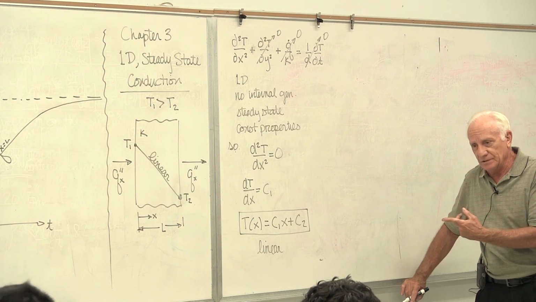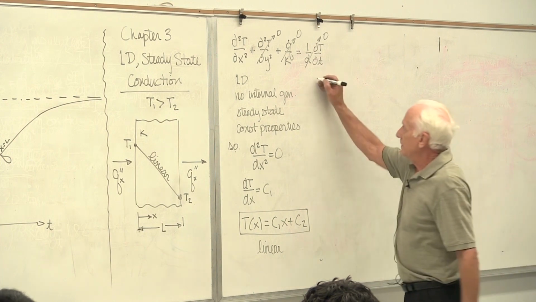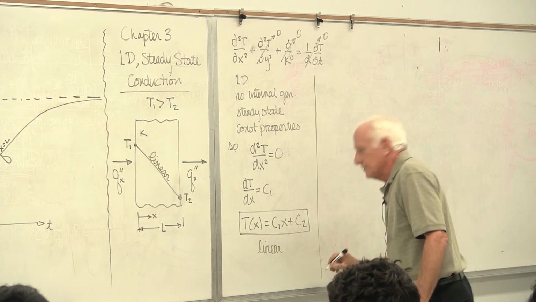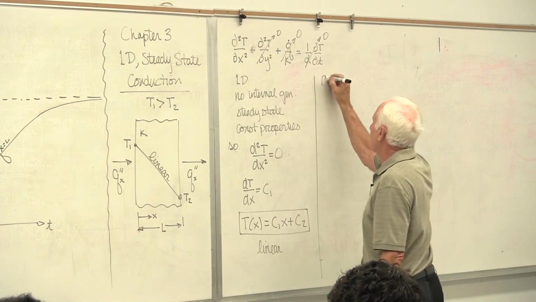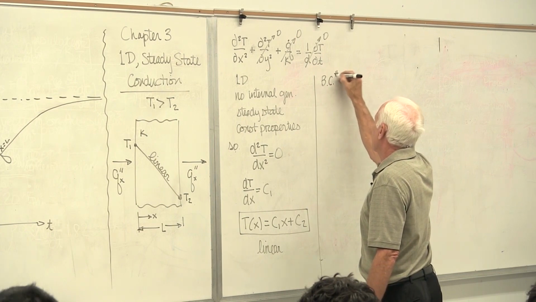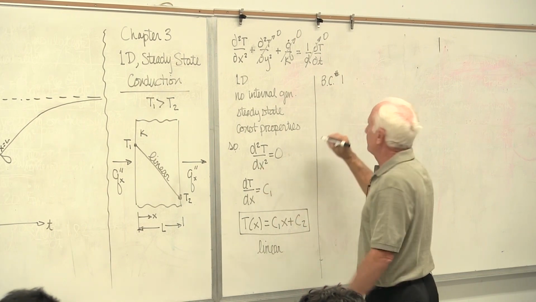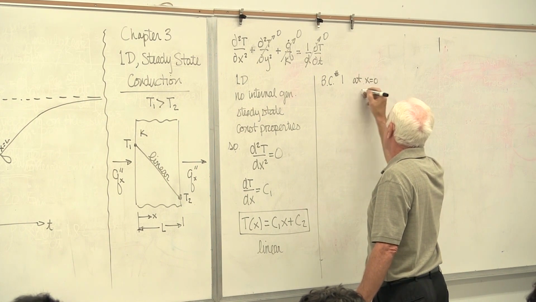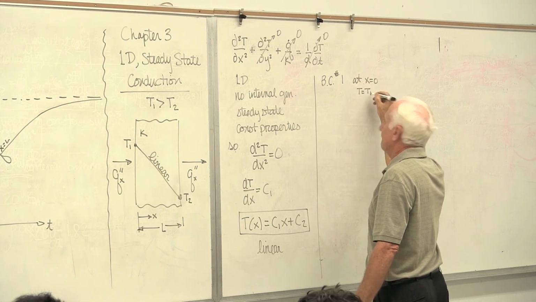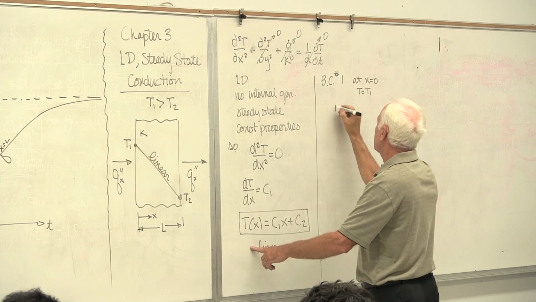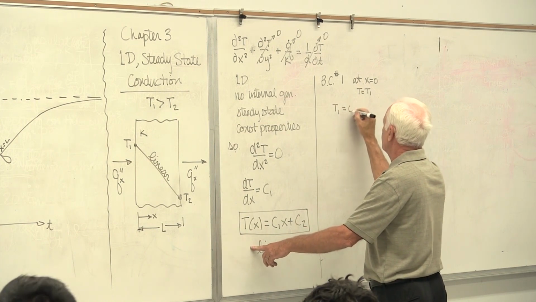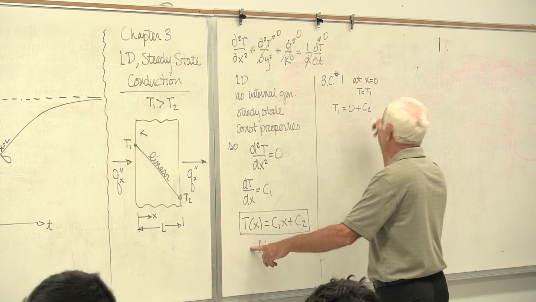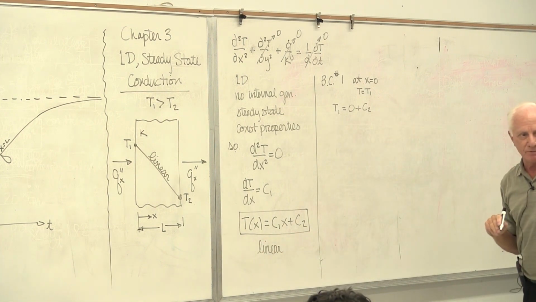I don't know what C1 and C2 are, but I do know that there are 2 boundary conditions. The first boundary condition, at x equals 0, T equals T1. Okay, put it in here. T1 equals 0 plus C2. Okay, got it. Constant C2 is temperature T1.